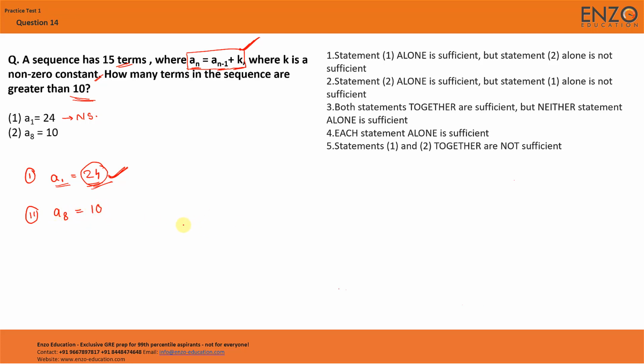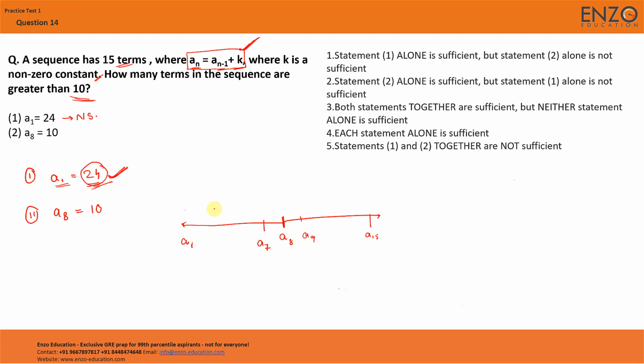If we have a sequence of 15 numbers, a_8 would be the middle number, and we'll have the remaining a_1 to a_7 before a_8, and a_9 to a_15 after that.